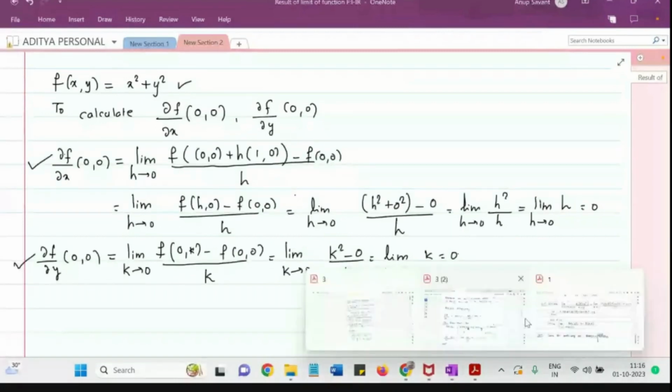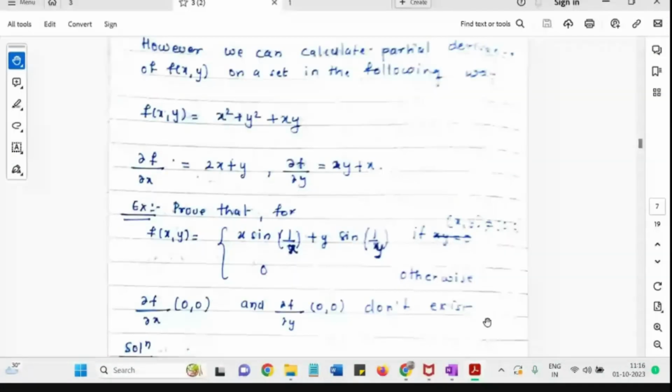But when it comes to solving a problem, definitely I'm not going to do it this way. There is a better way of handling the question. Suppose you have been given a function, let us say x square plus y square plus xy, and you are supposed to calculate the partial derivative of f with respect to x and y. The simple rule goes this way.